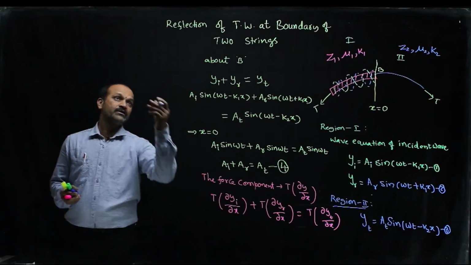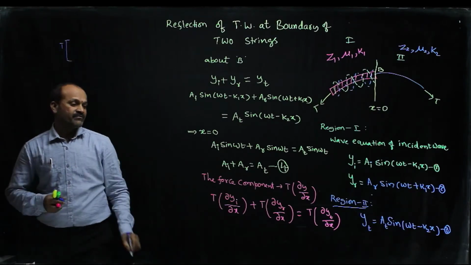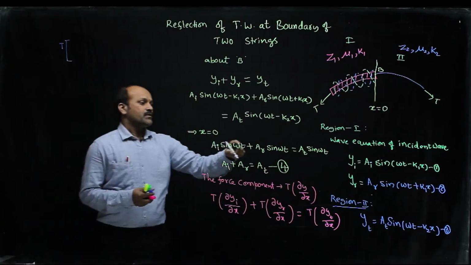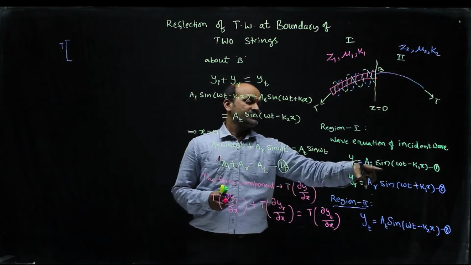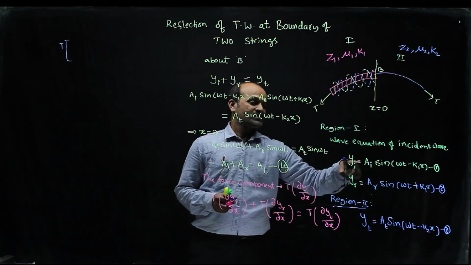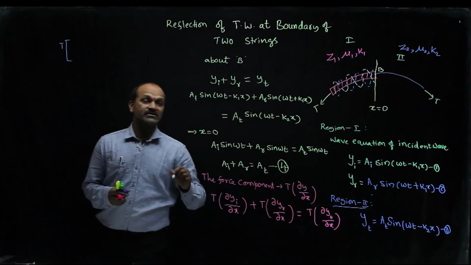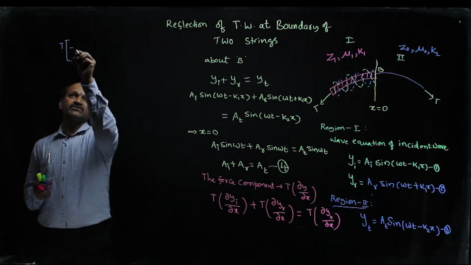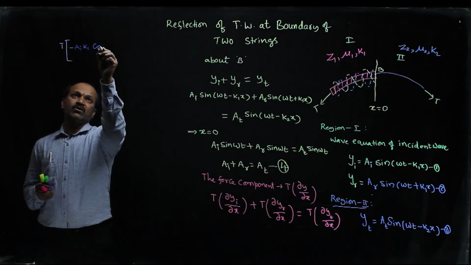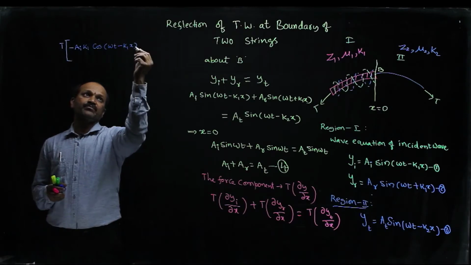See here, T into the differentiation of equation 1 with respect to x. Differentiating the sine gives cos theta, and the internal differentiation gives minus k1. So we can write minus Ai k1 cos(omega t minus k1x).